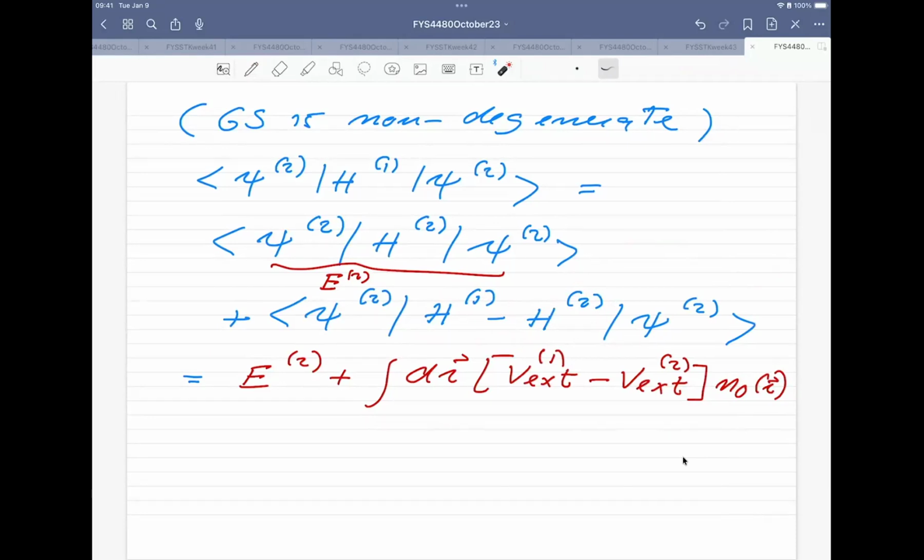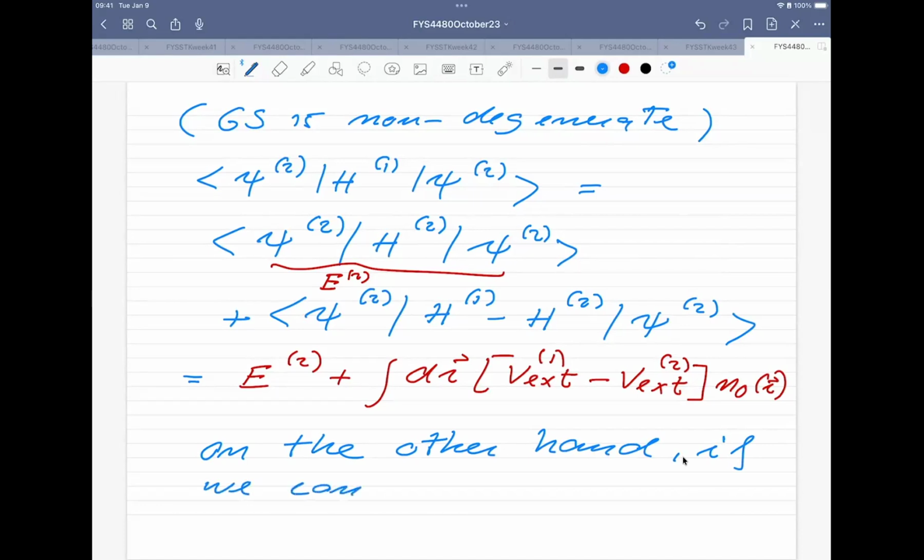On the other hand, if we consider this E of 2 in exactly the same way, so this is the first equation. On the other hand, if we now consider E2 in the same way, this means that we just need to interchange the superscripts 1 and 2 in the equations.